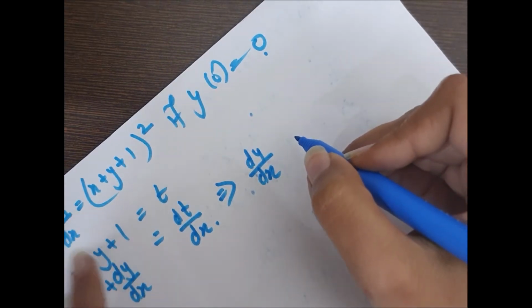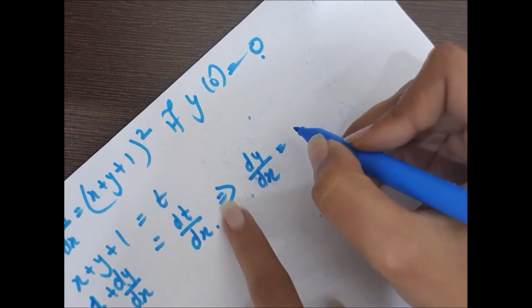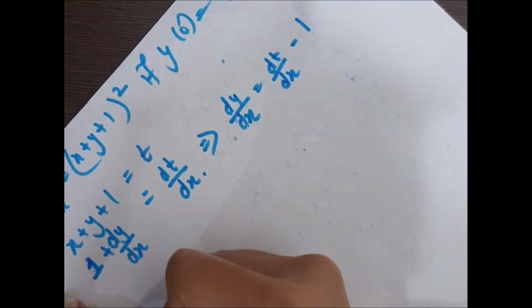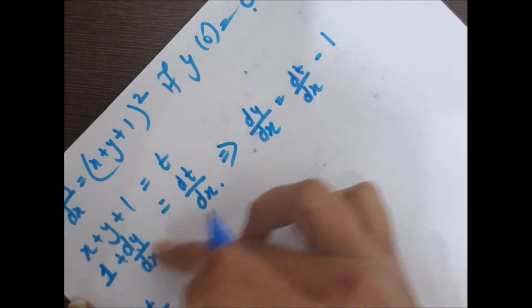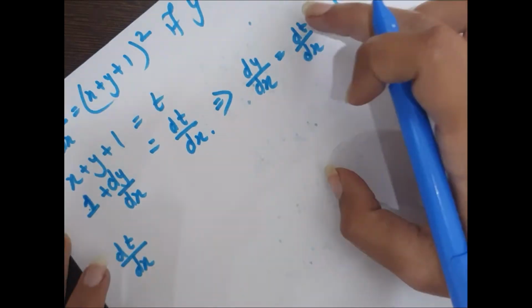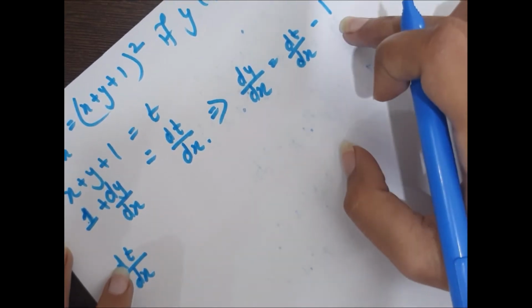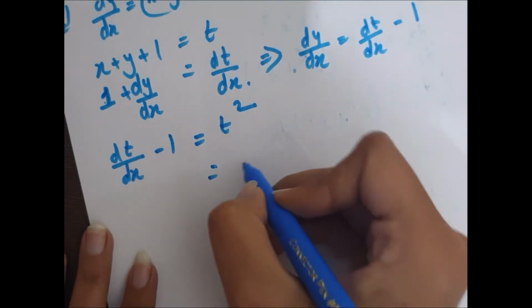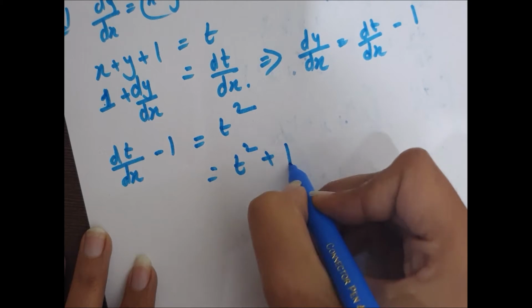Now take 1 to this side. Now this equation is substituted into dy by dx: dt upon dx minus 1, and this term is t squared plus 1.